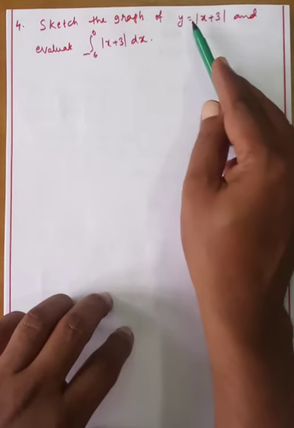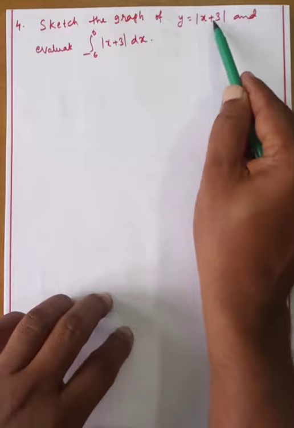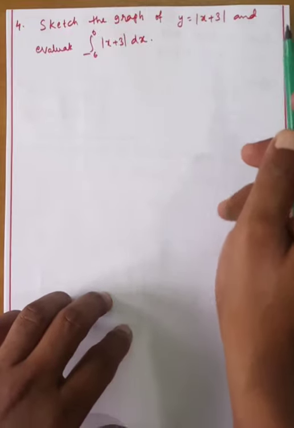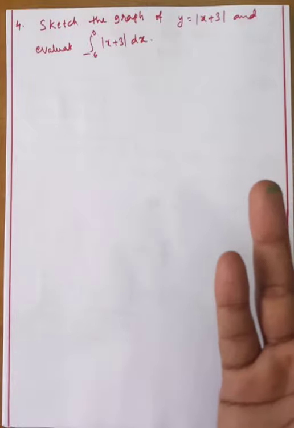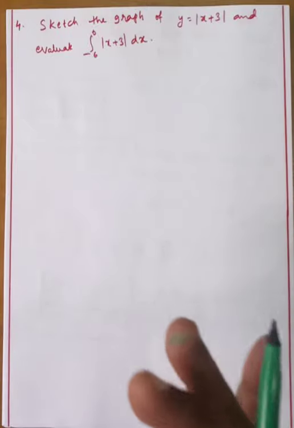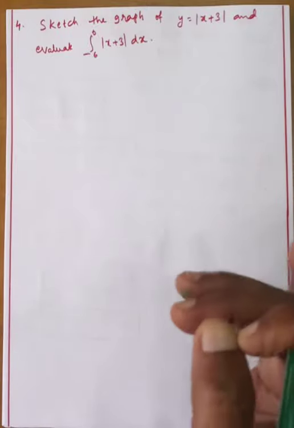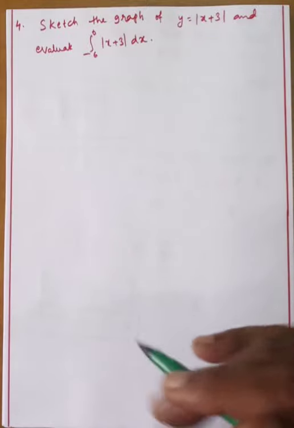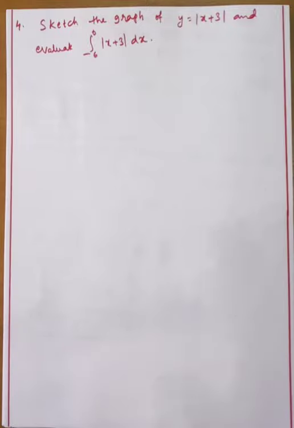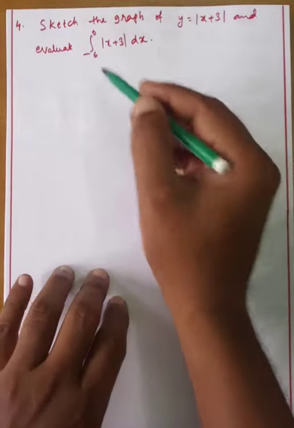Here the critical point is at x is equal to minus 3, where it is 0. X is equal to minus 3 means y is equal to 0, that is minus 3 comma 0. The curve intersects the y axis at 0 comma 3. Modulus means left side and right side: left side 100% negative, right side 100% positive. Here the limits given are minus 6 to 0.